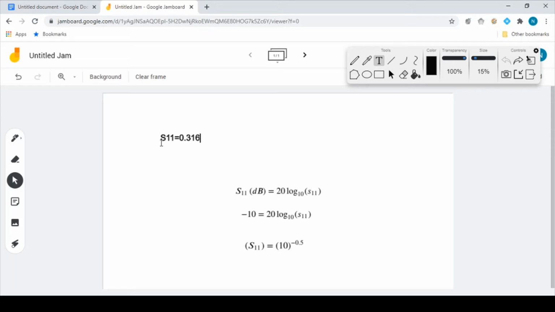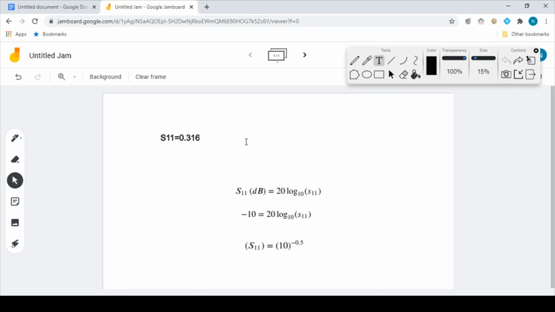Now for the power, the reflected power and the incident power will be related with S11 square, right?